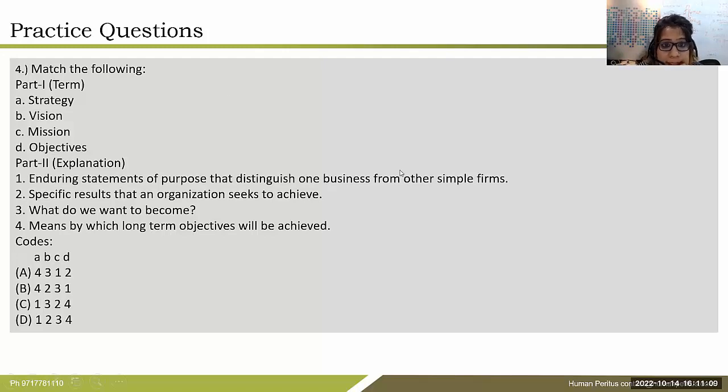Okay, let's see what the answer is because I'm not getting any answers. I think people are confused. Statement of purpose that distinguishes purpose, mission, C1. I've given you hints. A, let's see.